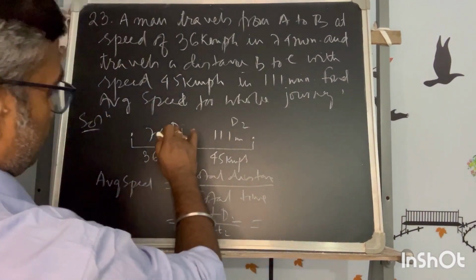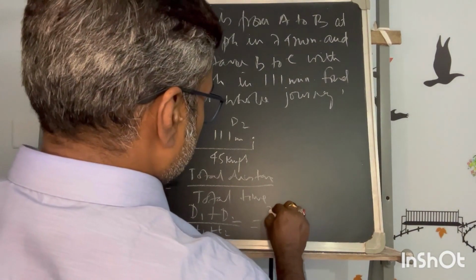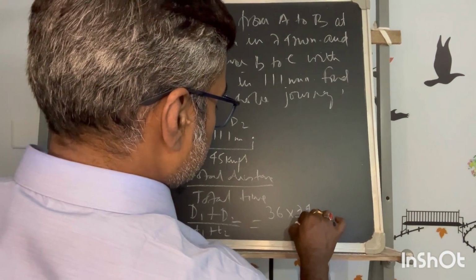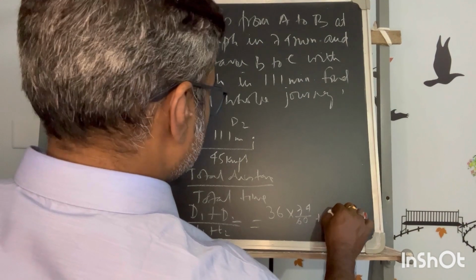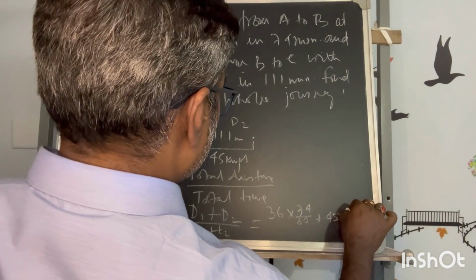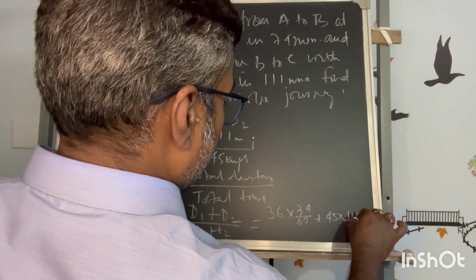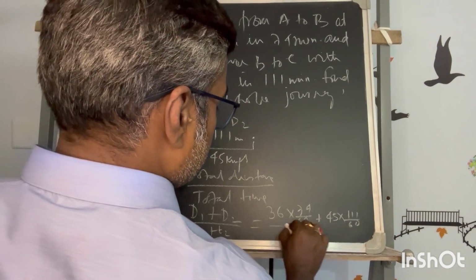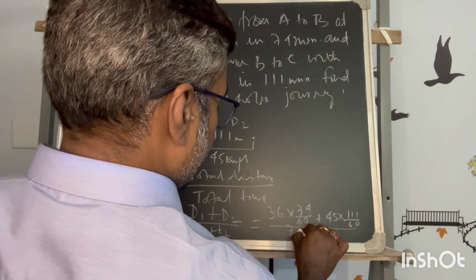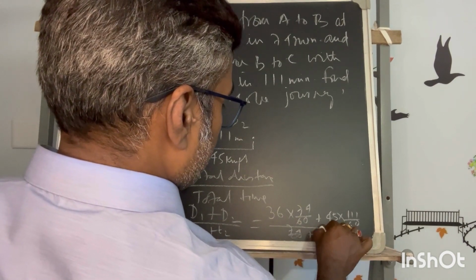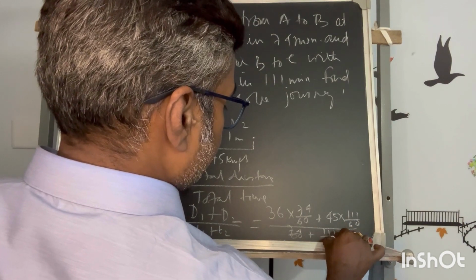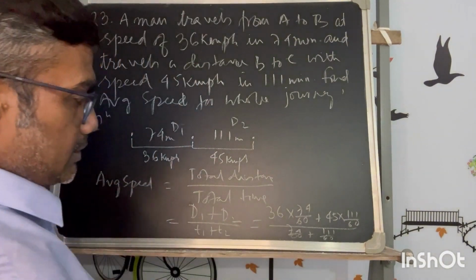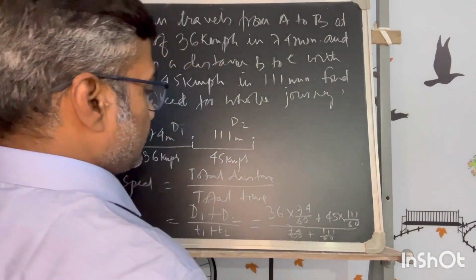What is d1? d1 is equal to 36 into 74 upon 60, and d2 is equal to 45 into 111 by 60. Speed into time, total distance divided by the total time, 74 by 60 plus 111 by 60. Now you can calculate this easily yourself.